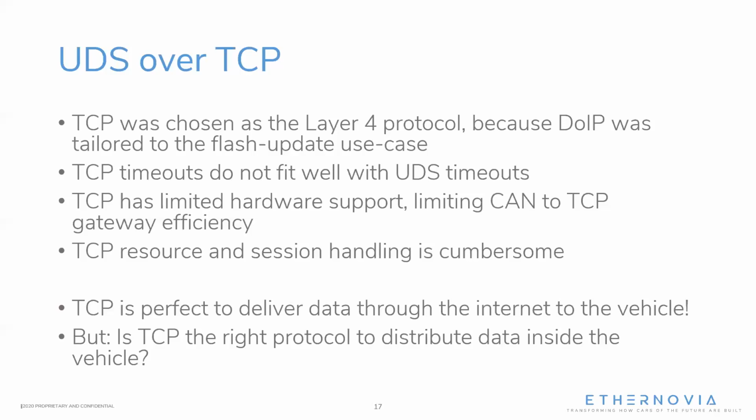And now keep in mind, we are moving to a software over the air update scenario. So we might have to think about how do we transport flash update data within a vehicle. Do we need to look at systems like IEEE 1722.1, where firmware updates to AVB devices is described?